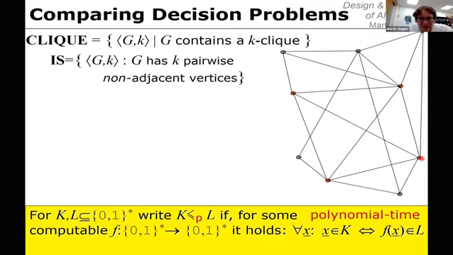And the notion of a reduction means converting the first decision problem into the second decision problem in such a way that the answer remains the same in both cases: a query X is to be answered positively, X belongs to the decision problem K, if and only if the translated query f of X belongs to the second decision problem L.